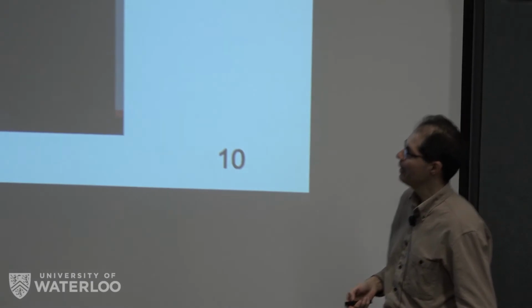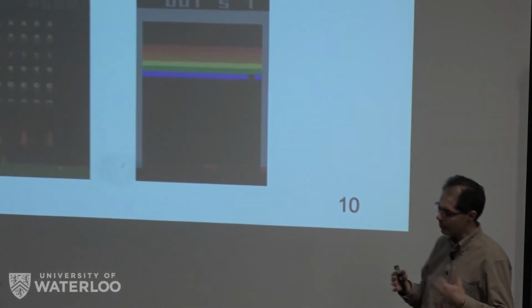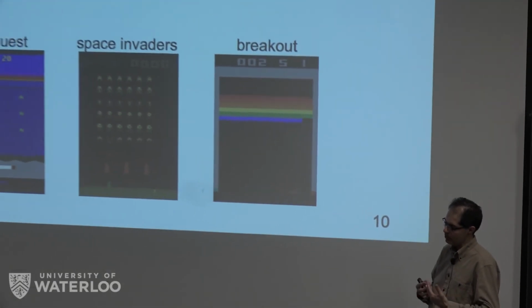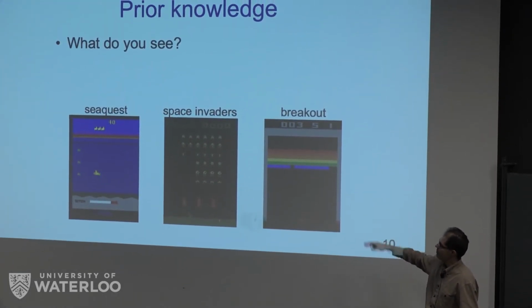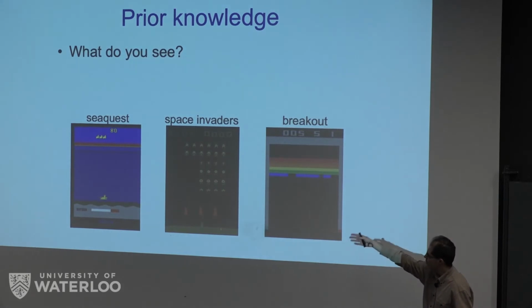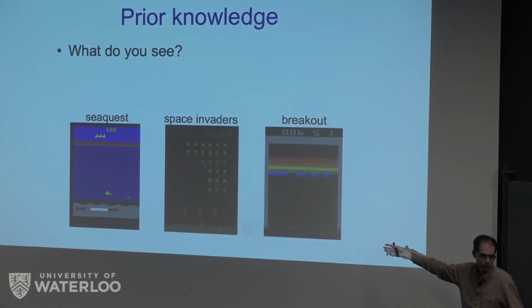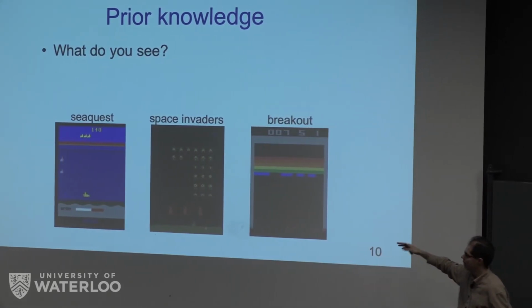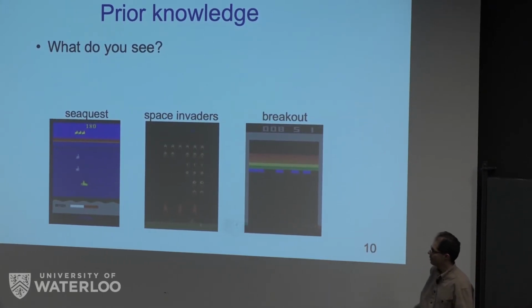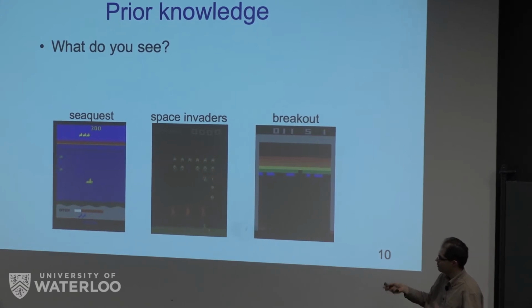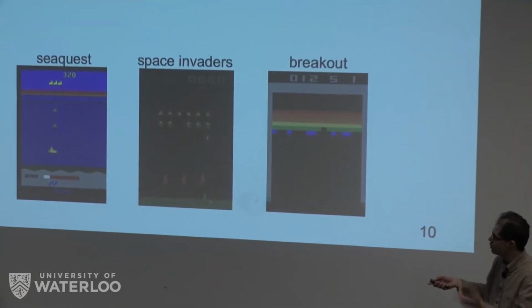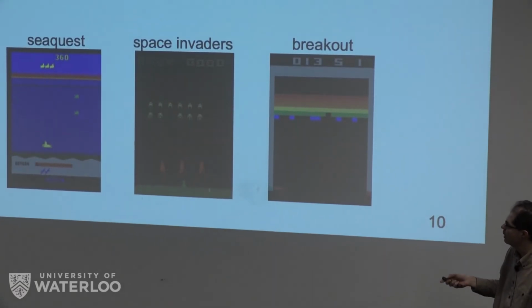All right, so another important aspect in terms of being able to come up with a good strategy is this: when we play some games as humans, perhaps for the first time that we see them, what do we see? If you look at Seaquest, you'll see immediately that there's a submarine shooting around, shooting some monsters, some swimmers, and so on.